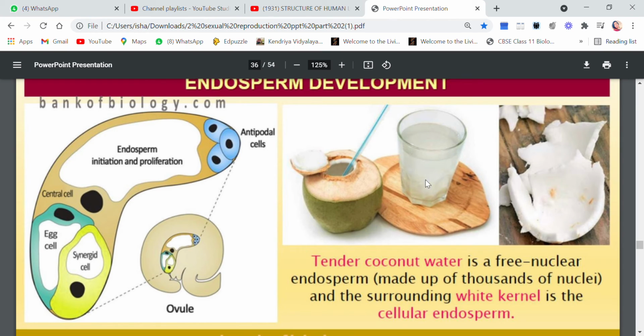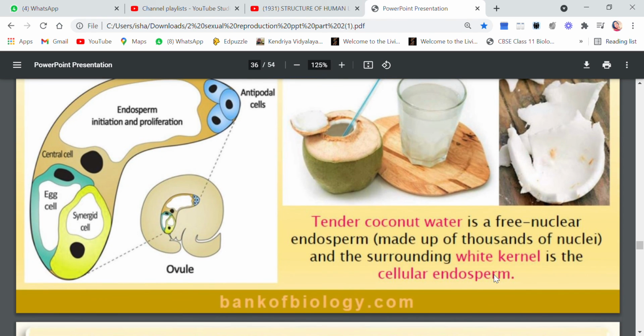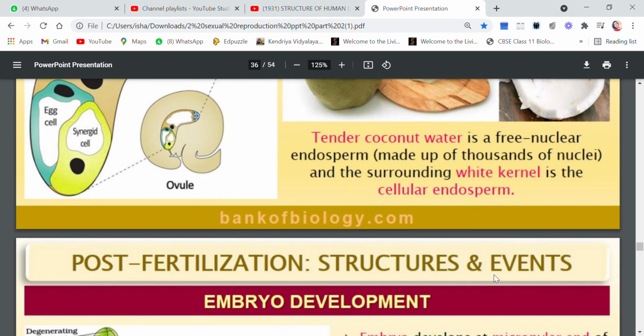Because again the free nuclei have undergone cytokinesis, and the cellular endosperm has increased, and the free nuclear endosperm is less. So in green coconut, the free nuclear endosperm is more in quantity, whereas the cellular endosperm is less. But in a mature coconut, it's vice versa: the cellular endosperm is more, and the free nuclear endosperm is lesser in quantity. So this is about endosperm development.